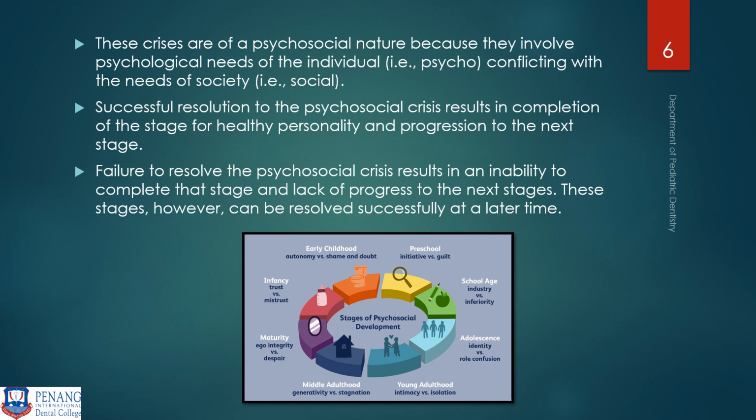Like I said before, these crises are of a psychosocial nature because they involve the psychological needs of the individual conflicting with the needs of the society. That is why it is psychosocial. Successful resolution of this crisis results in completion of the stage for a healthy personality and progression to the next stage.